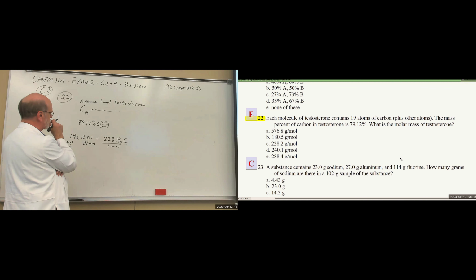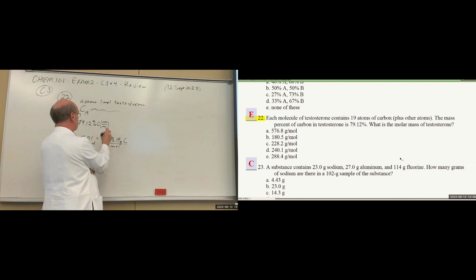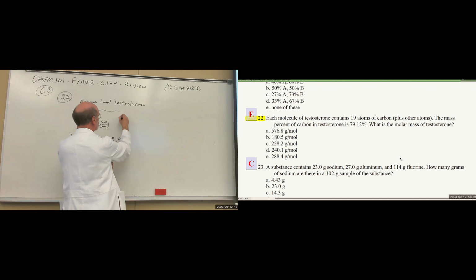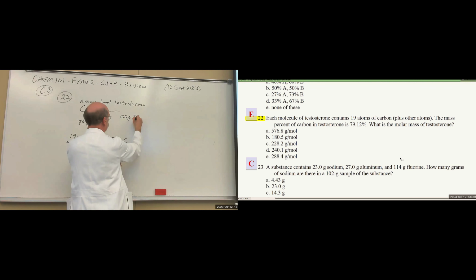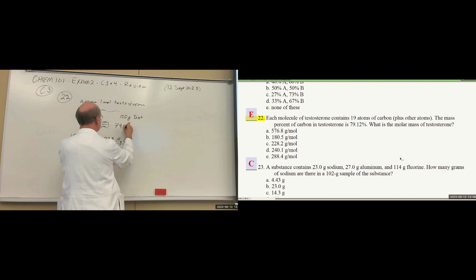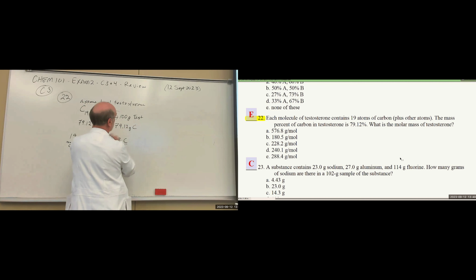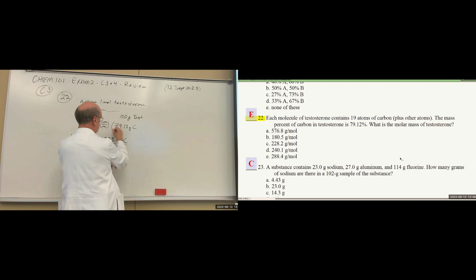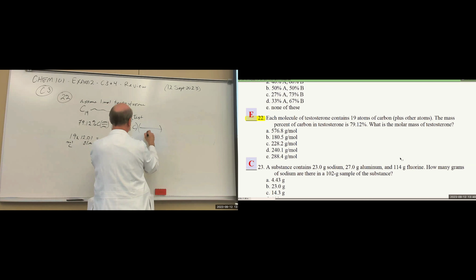Maybe we'll approach it differently. Say instead of 1 mole of testosterone, we have 100 grams of testosterone. How about that? If we have 100 grams of testosterone, then 79.12 grams is carbon. So how many moles is that? 12.01 grams per mole.